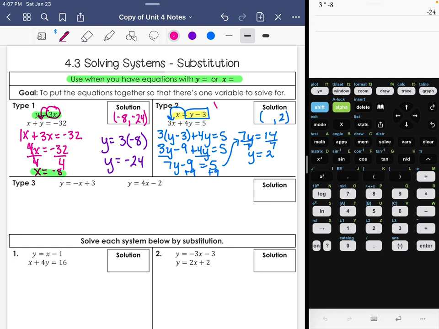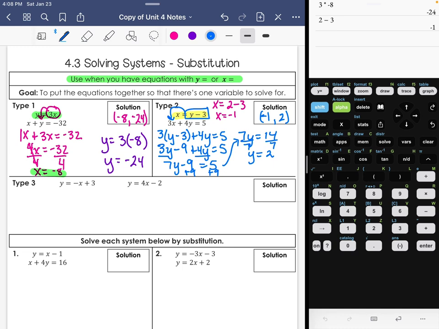So I'm going to have x equals 2 minus 3. You can just put that in your calculator because there aren't any variables on that side. So 2 minus 3 is negative 1. That means my x coordinate is negative 1. So the solution for this would be negative 1, 2.